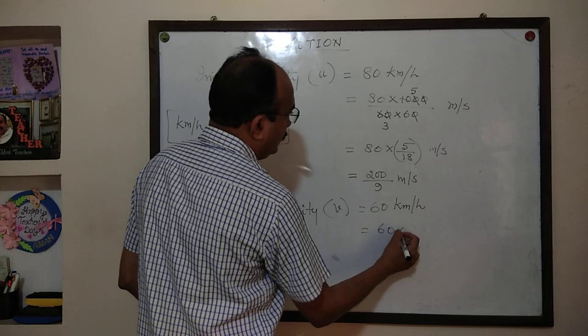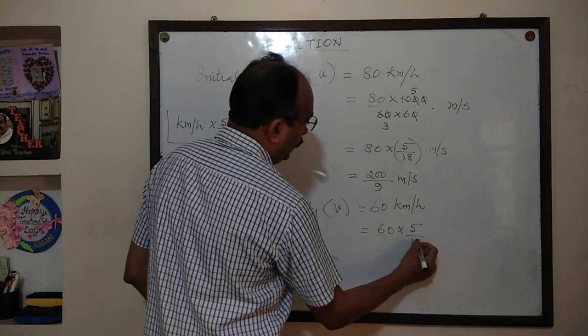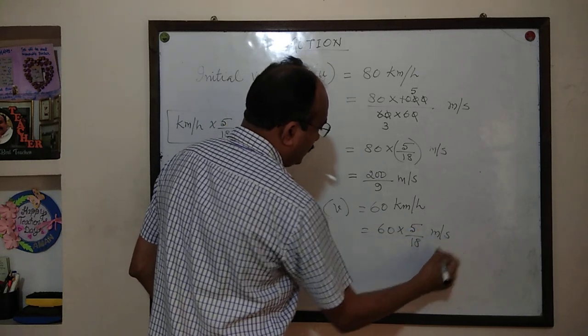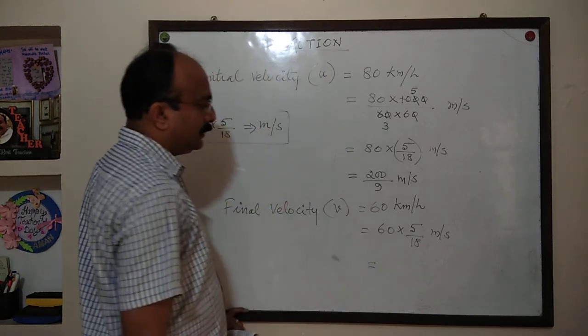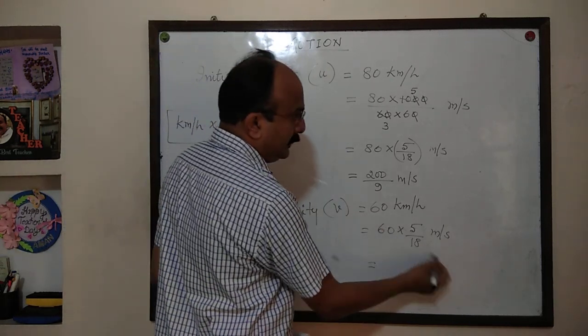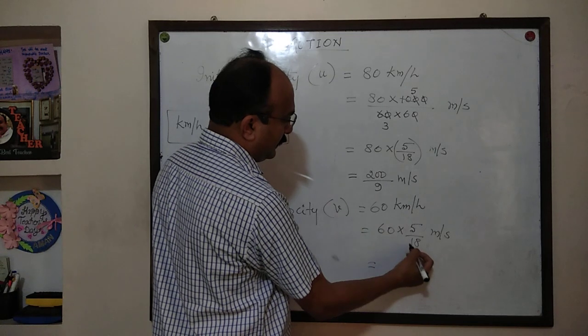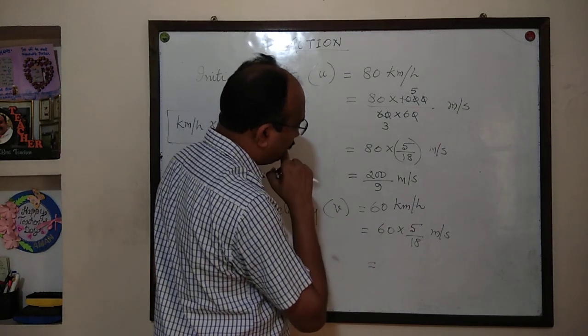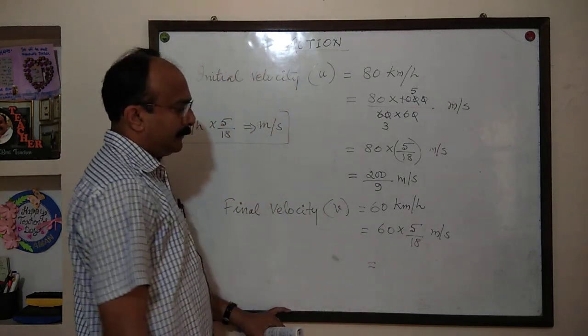Again, 60 into 5 upon 18 meter per second is equal to 60 and 18 can be cancelled. 3. 50 upon 3.